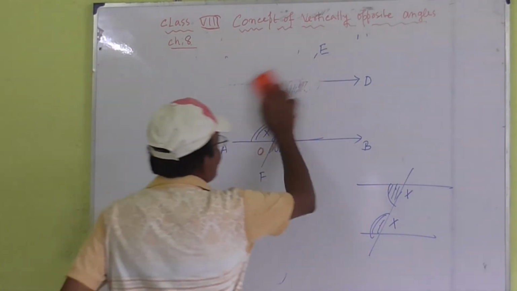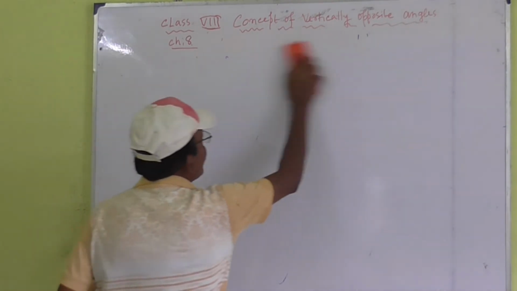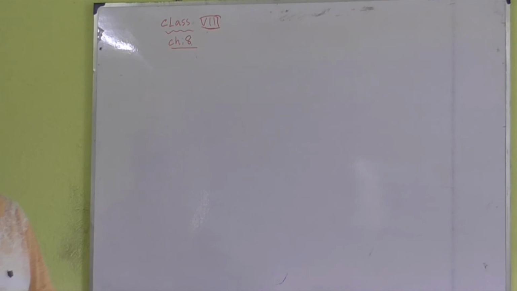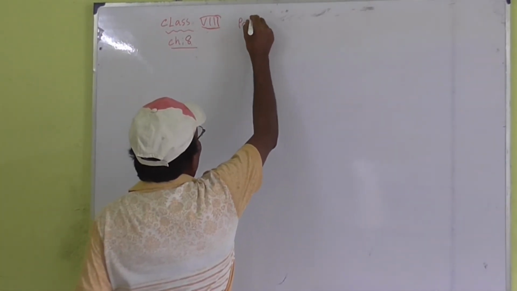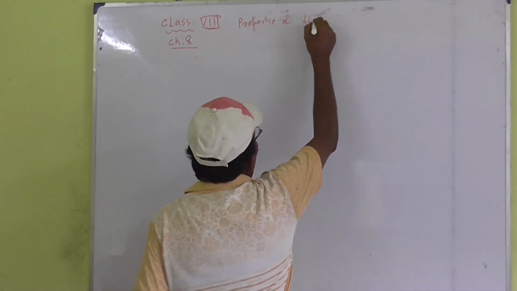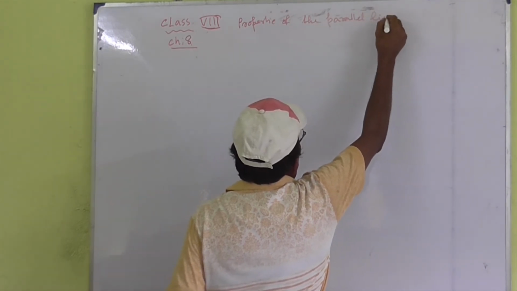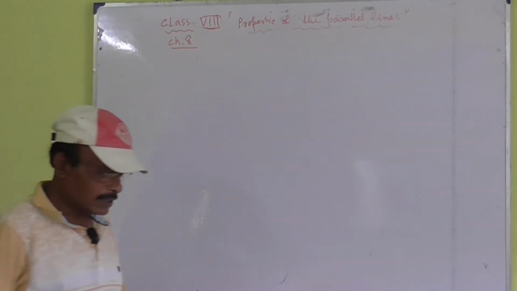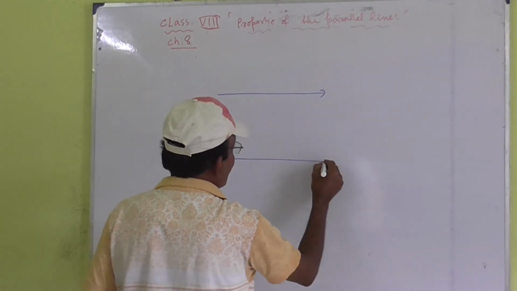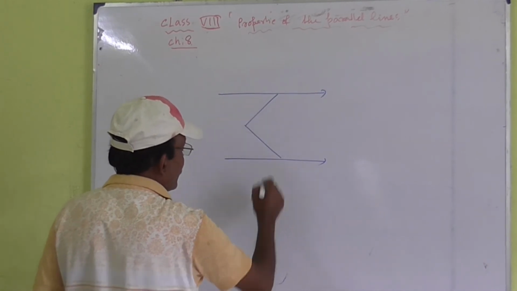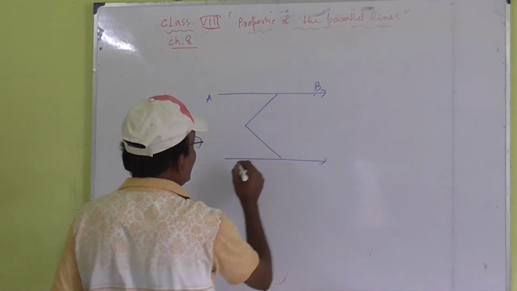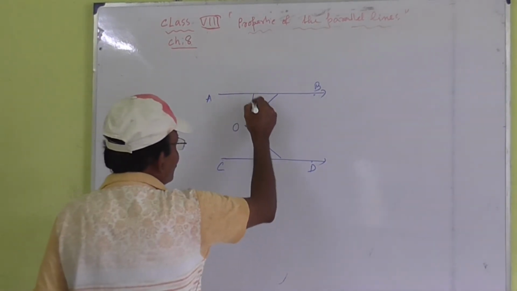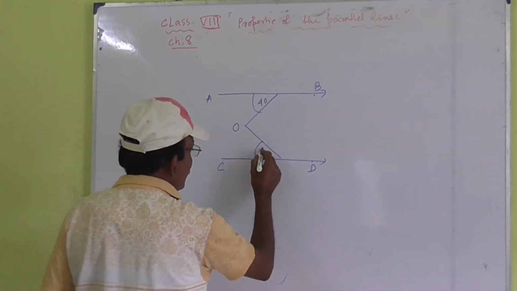Okay. Let us take an example. These are parallel lines, and let us take A, B, C, D, O. It is given that this angle is 40 degrees and this one, let us take 50 degrees.